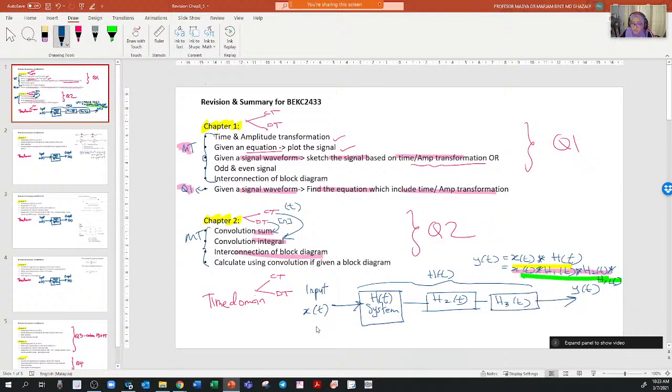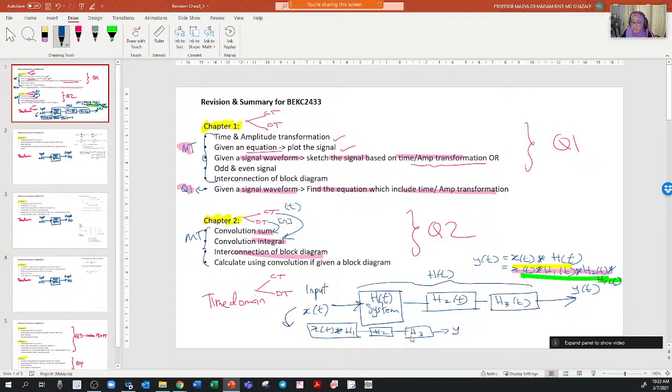So you have x convolve with h1, and then next you do the convolution with h2. This block will become this, and then you have h3, and then this is y.